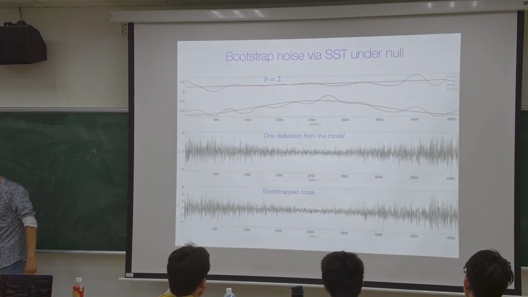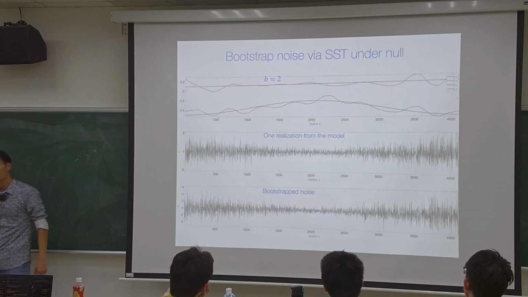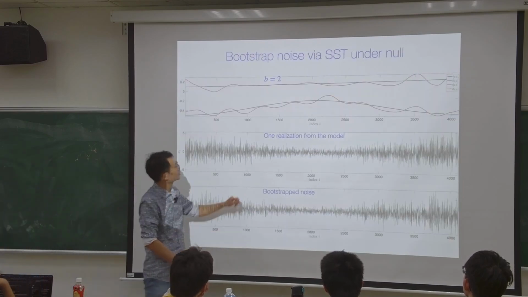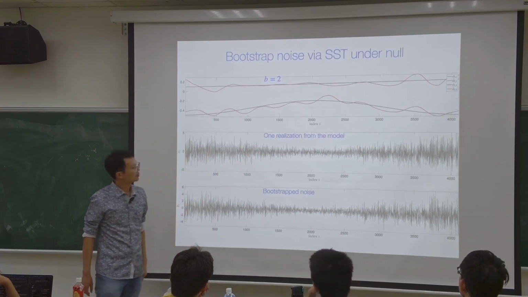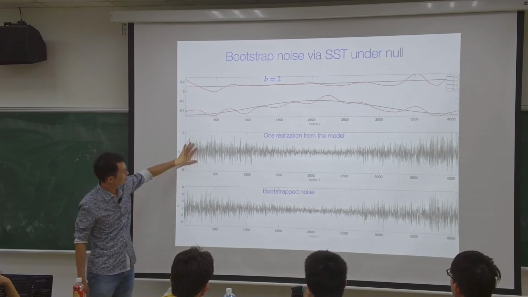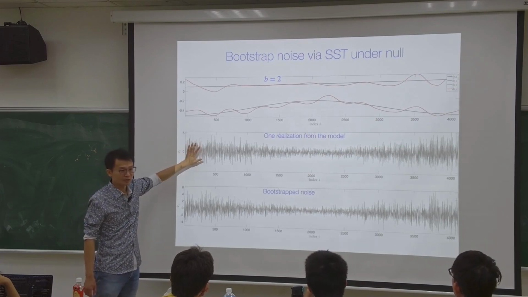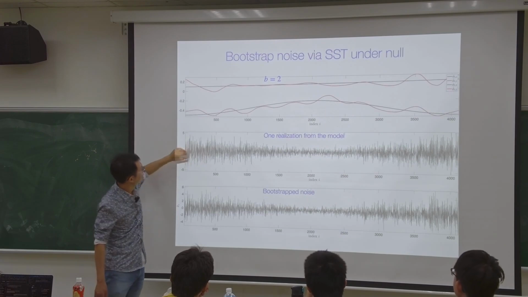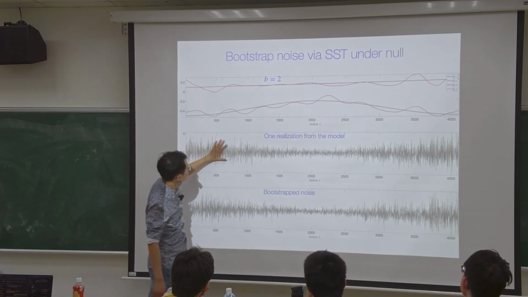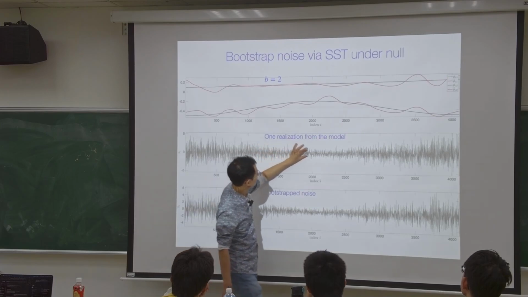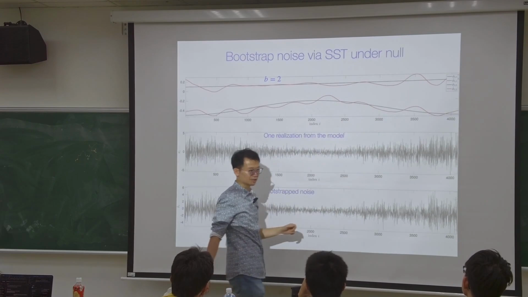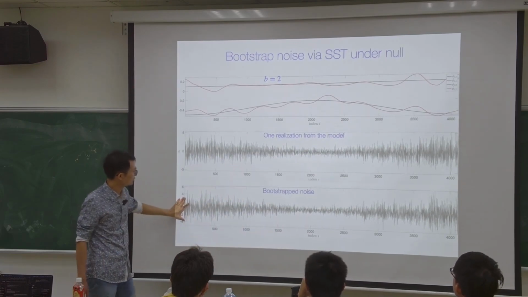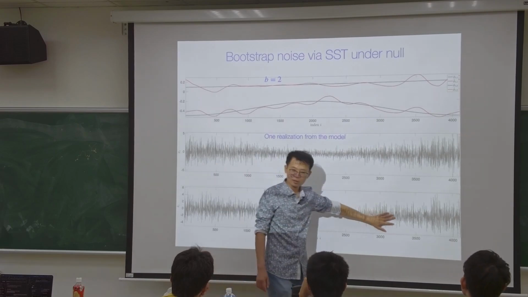So this is a result. This is one realization from the model, and this is a bootstrap noise. This noise is very typically locally stationary. You can see that it's big here, becomes smaller, and becomes large again. This is a very benign non-stationarity, and this is a bootstrap one, which is not bad.